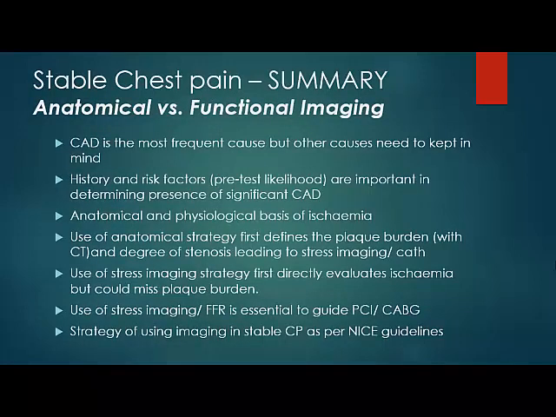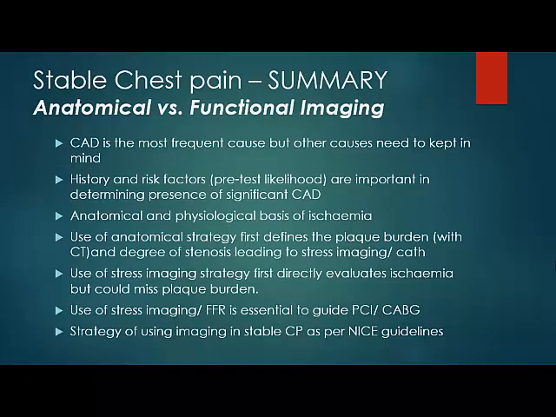Okay, so summary. Coronary disease is the most frequent cause, but we have to think of other causes also. And tomorrow morning we will look at the other causes of chest pain that these patients can have. History and risk factors and calculating the pretest likelihood remain important.